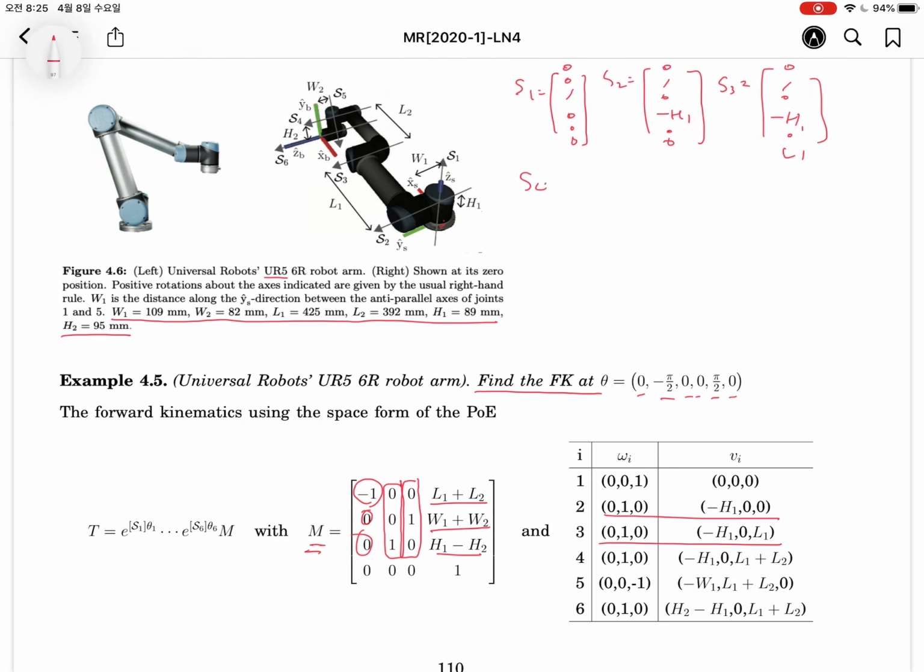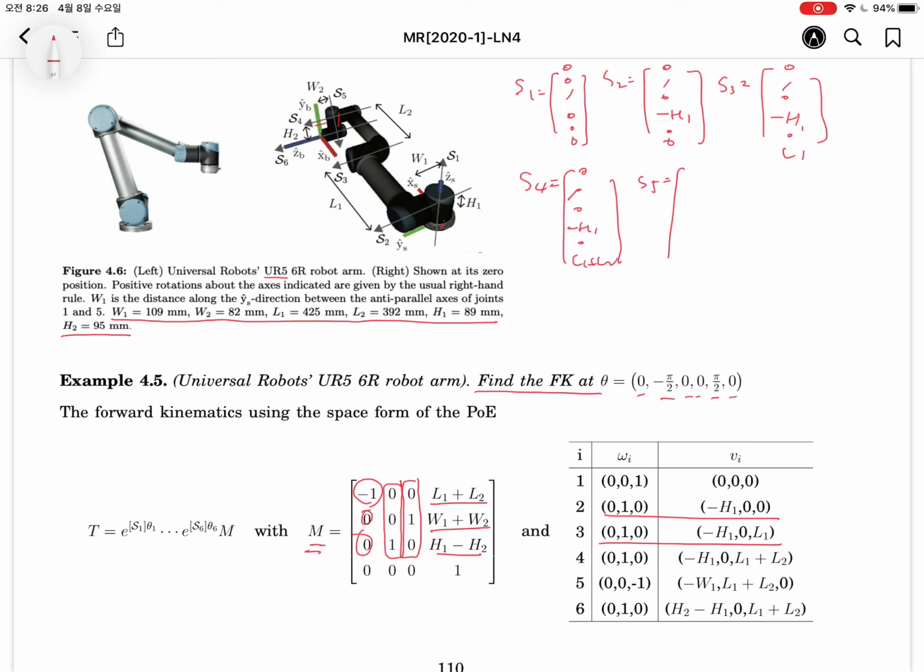Okay, S4. S4 axis is aligned to S3, so 0, 1, 0, and it will make the linear movement. It's almost the same as S3, so minus H1, 0, L1 plus L2.